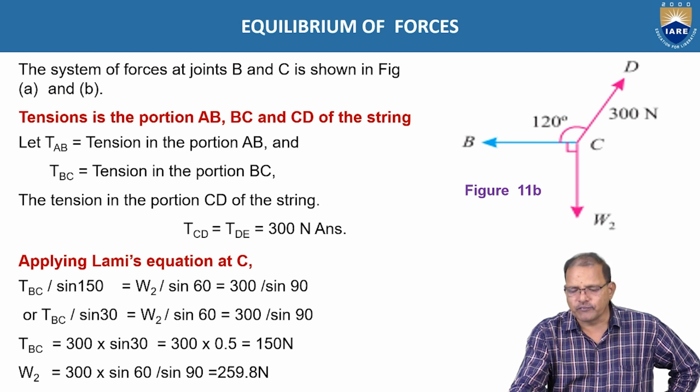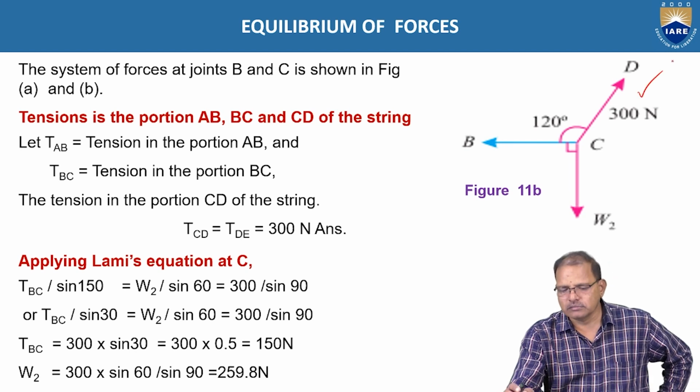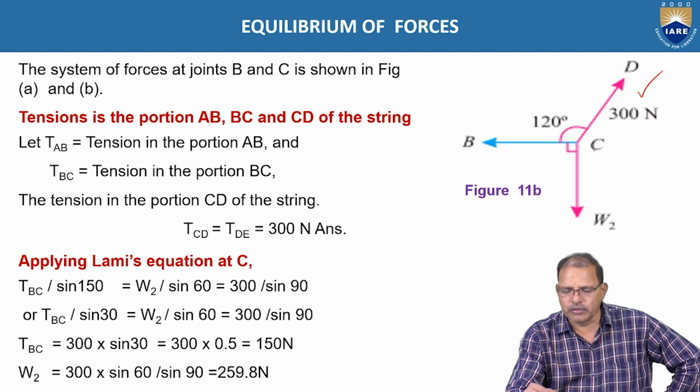Now when I am considering the forces at point C, along the CD direction 300 newtons is acting. W2 weight is acting in the downward direction. BC portion is already given in the horizontal direction.